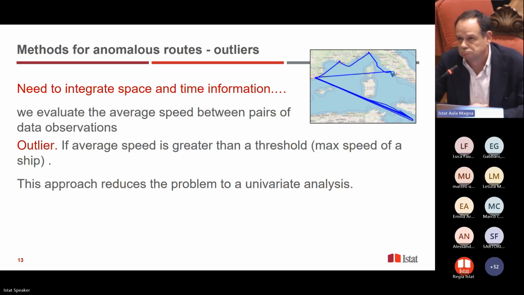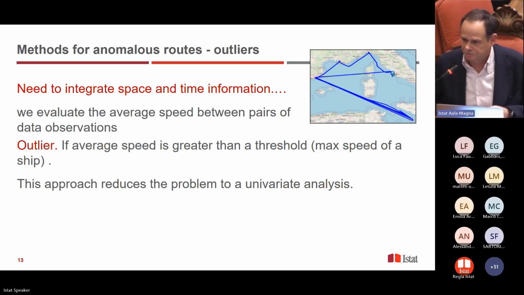Traditional outlier methods are not so common for this problem. So we try to reduce this to a univariate outlier problem, and we use the average speed, that is the speed and, of course, the space. And when this average speed is greater than a threshold, we select this as a problem.